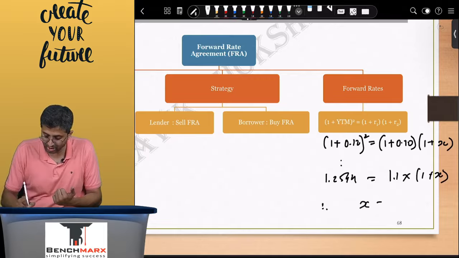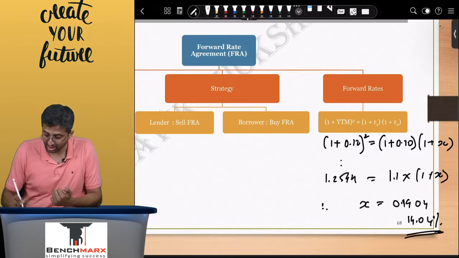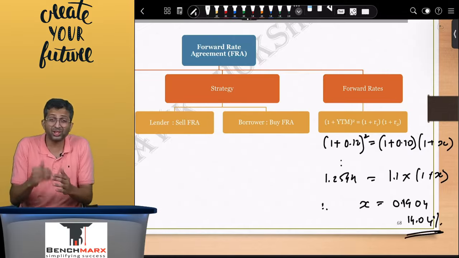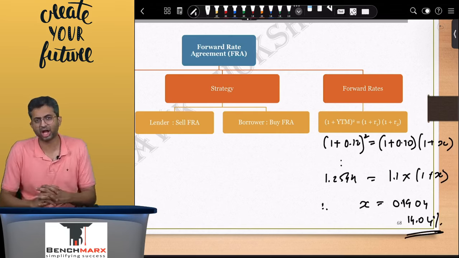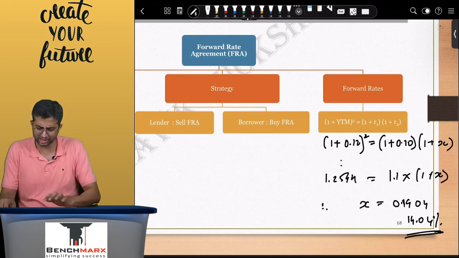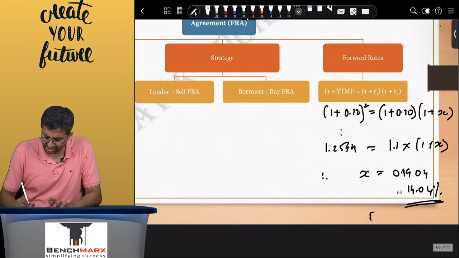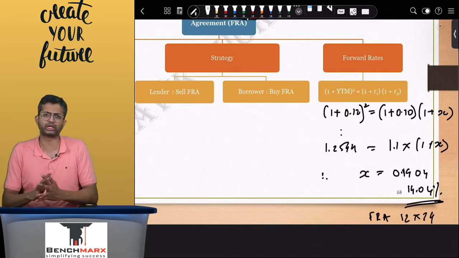Therefore x will come to 0.1404, that is 14.04% per annum will be the theoretical rate after 1 year, for a period of 1 year. This is a rate of a FRA 12 by 24 in months, or 1 by 2 if you take it in years.